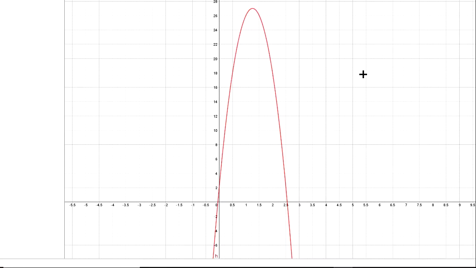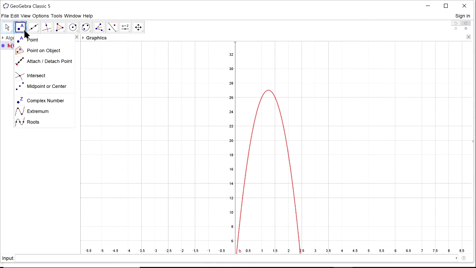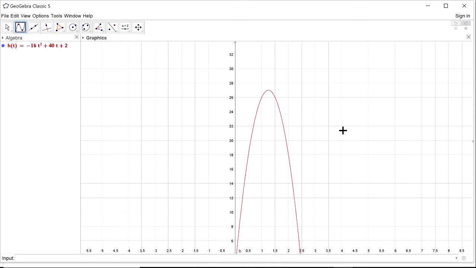First, to find the vertex, we use the tools here. We know the vertex is a point, so I'm going to use the pull-down menu under point, and we can use Extremum to show us the highest point or the lowest point of our graph. If we click on this, we can select the parabola.